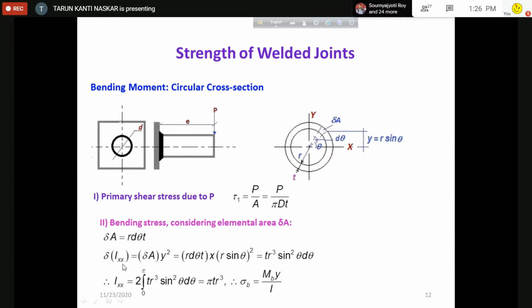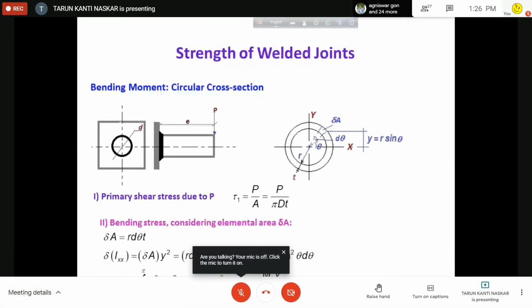So del Ixx equal to del A y square. This is y, and y equal to r sine theta. So r d theta t multiplied by r sine theta whole square, that is equal to t r cube sine square theta d theta. So Ixx, that is twice of this, considering 0 to pi. That's Ixx, and ultimately equal to pi t r cube.